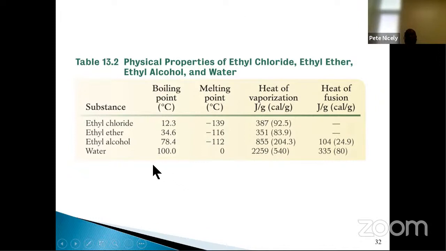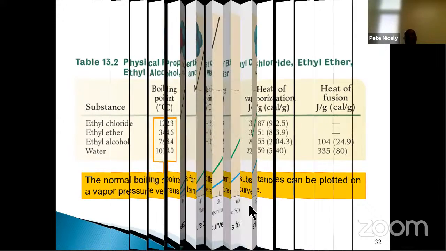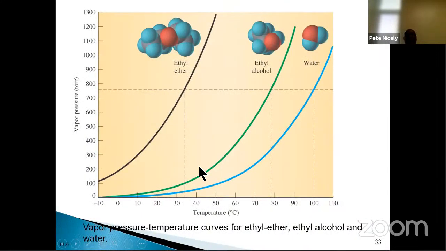As stated here, the boiling points for different substances can be plotted on a vapor pressure versus temperature curve, which is what I'm going to show you. This is a plot of vapor pressure on the y-axis and the temperature in Celsius on the x-axis. These are the different plots for these liquids: you have ethyl ether, you have ethyl alcohol, and the blue curve is for water.